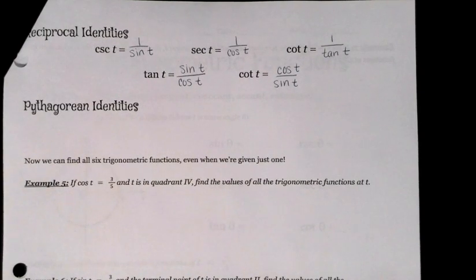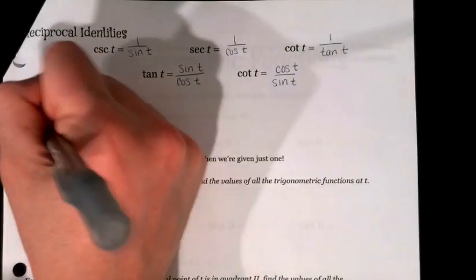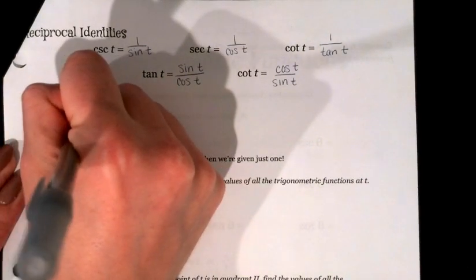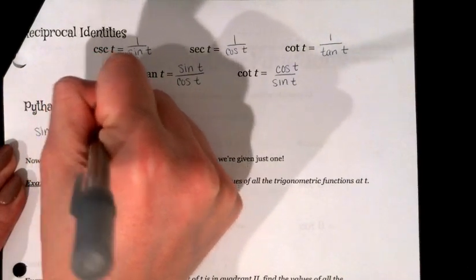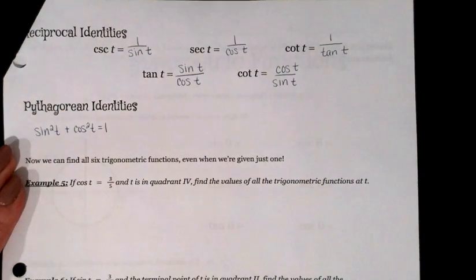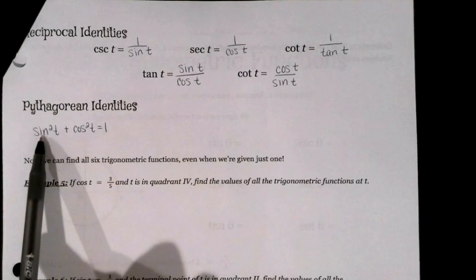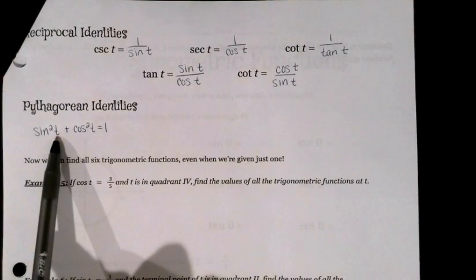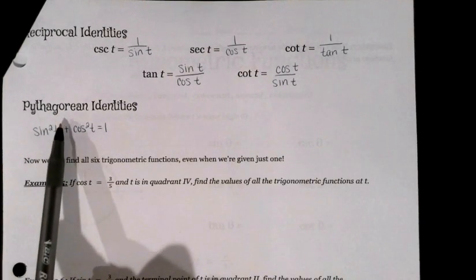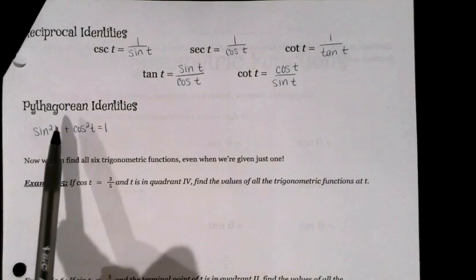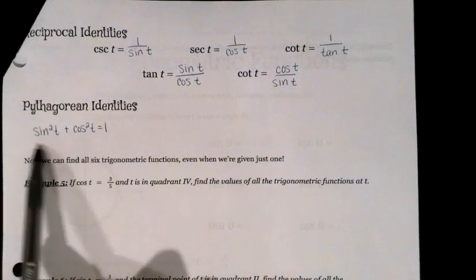For my Pythagorean identities, I have 3 equations that I can use. So the first one I have is sine squared plus cosine squared equals 1. And I want to point out that the exponent is after sine but before the variable, because if we put it after the variable, it would look like just the t is being squared, not the entire thing.